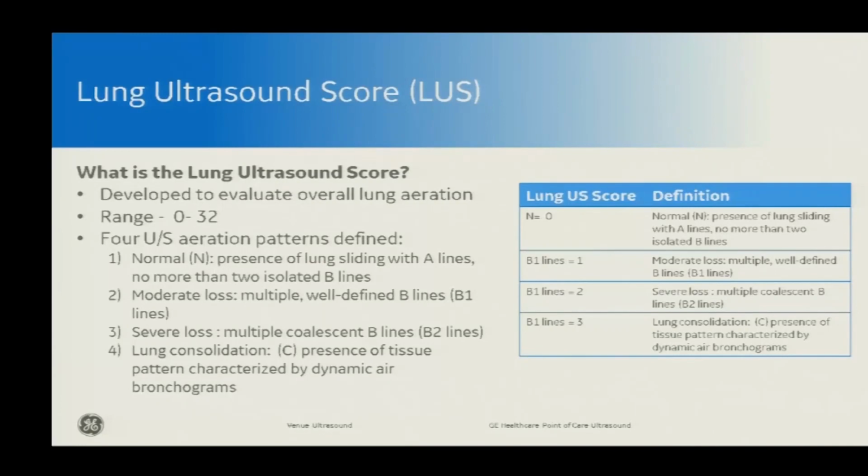They're not coalesced or merged in any way. 3 is a severe loss with multiple coalescent B lines, and 4 is lung consolidation, because it has a tissue pattern in the lung and is characterized by air bronchograms. And you can see on the right-hand side a table that shows you how the score lines up and gives you a nice explanation of each score.